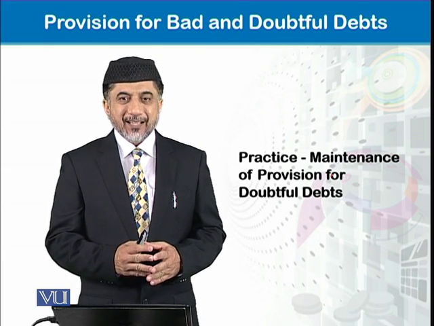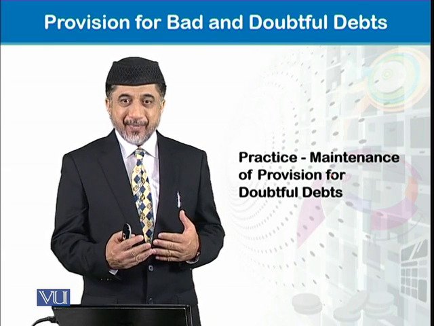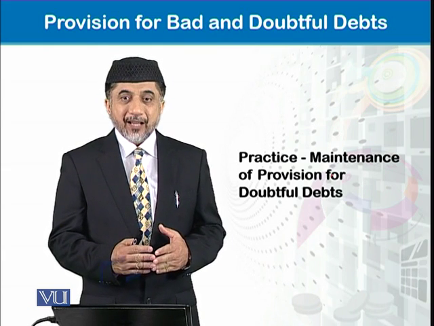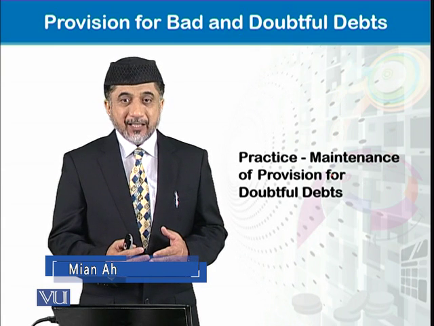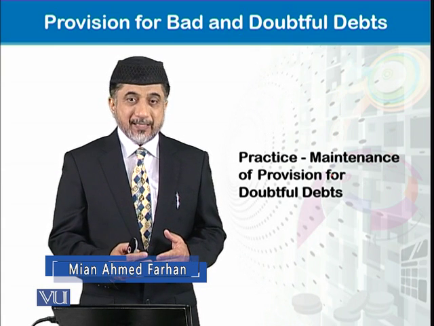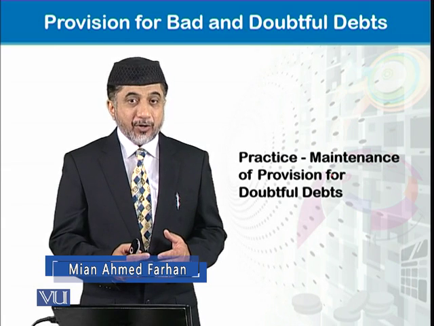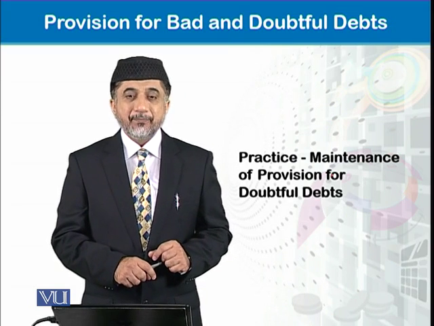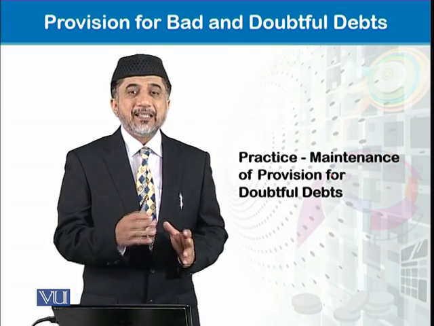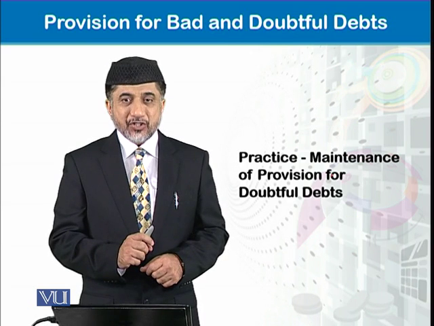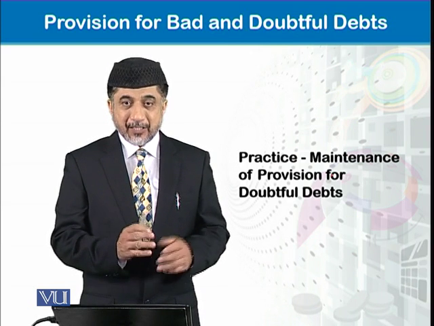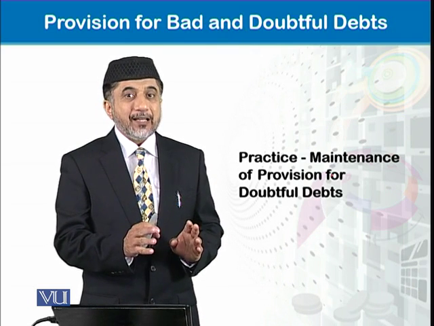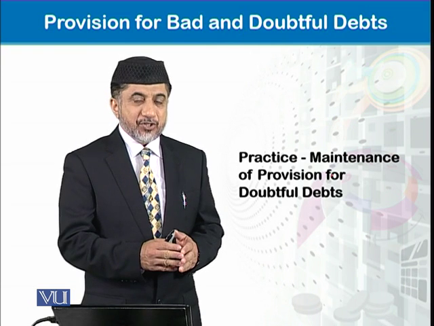We have discussed how to account for bad debts, how to account for provision for doubtful debts, how to measure these provision balances, and how to account for increase or decrease in the provision for doubtful debt balance, and how these are presented in the balance sheet by subtracting from the closing balance of debtors, and how the bad debt expense is presented in the income statement.